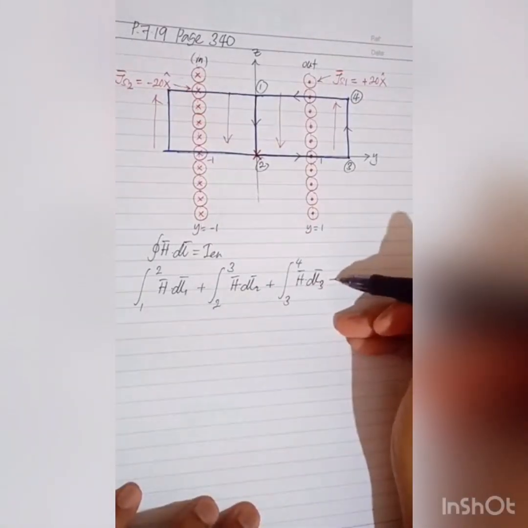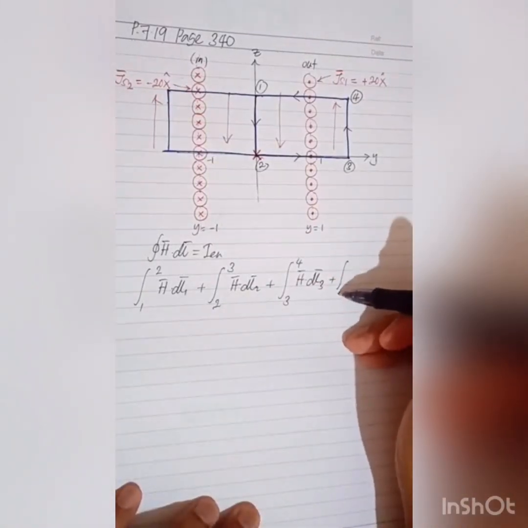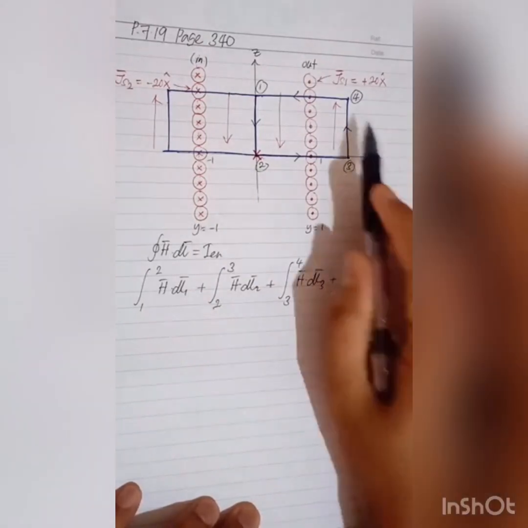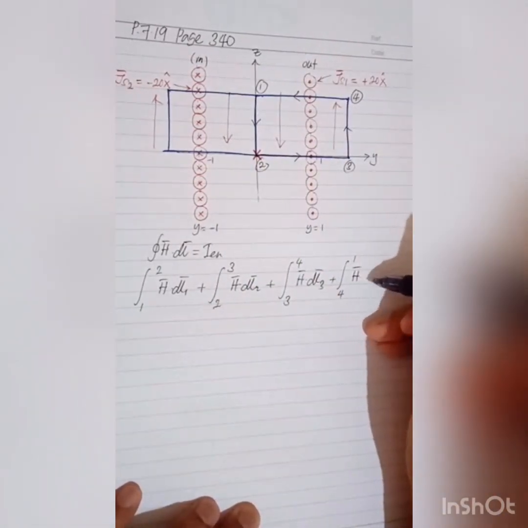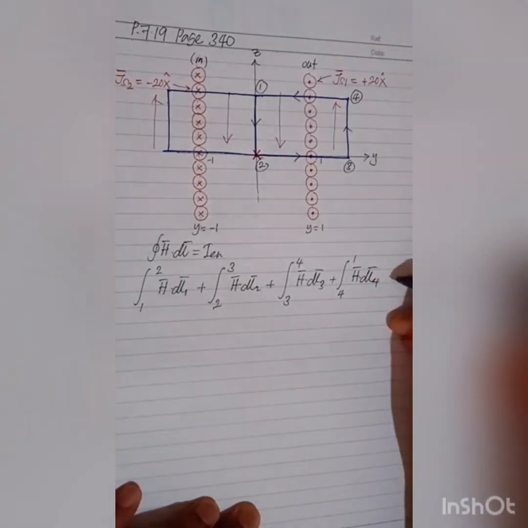And then lastly our last path, from point 4 to point 1, and here we have H dot dl number 4, equal to the I enclosed.